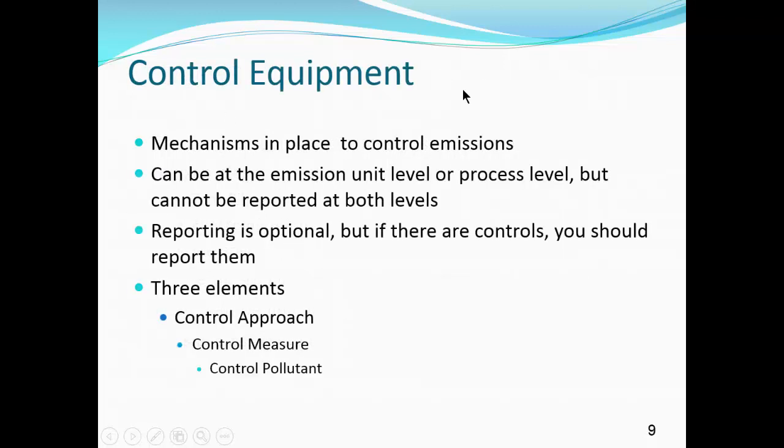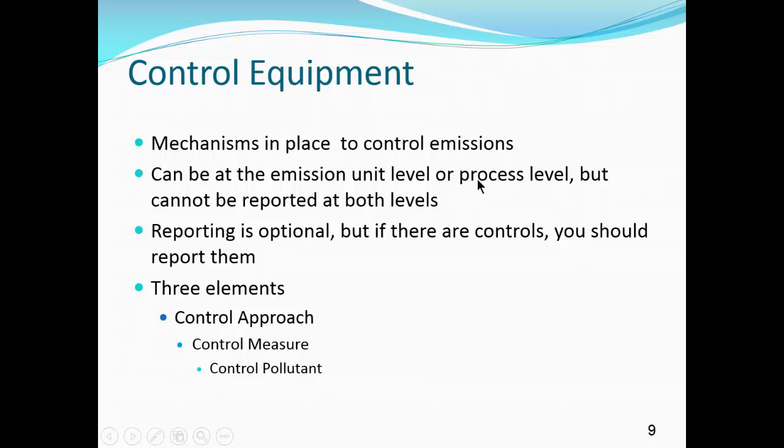Control equipment, these are things that we wish we had more of. So things to control emissions. You can have control equipment at the emission unit, or you can have control equipment at the process, which sort of makes sense because for an emission unit that has multiple processes, you may have separate control equipment. Like if you have a sawmill where you've got one room and you've got debarking and sawdust making there, you may have separate processes at that same emission unit.